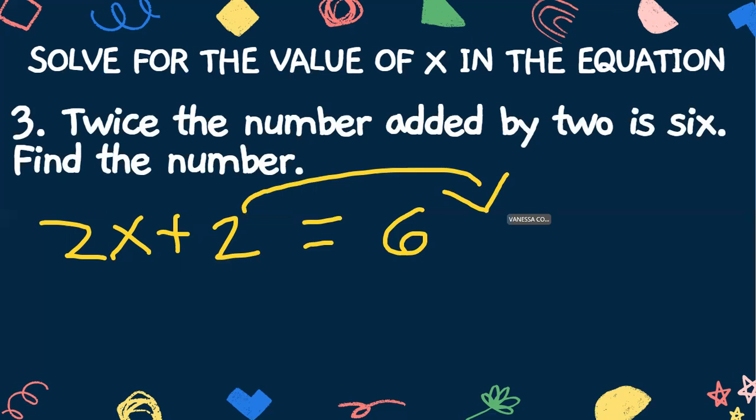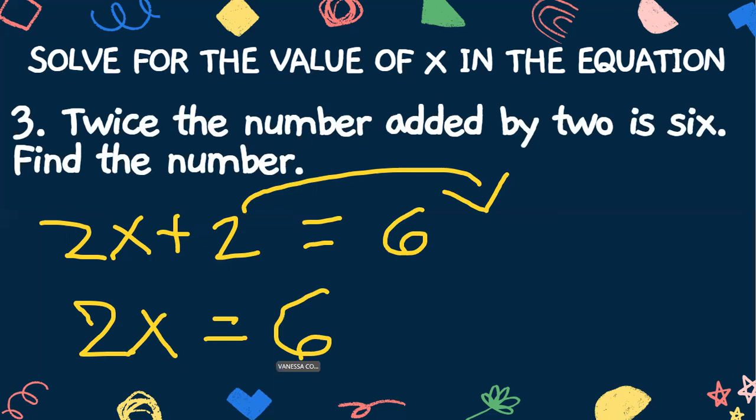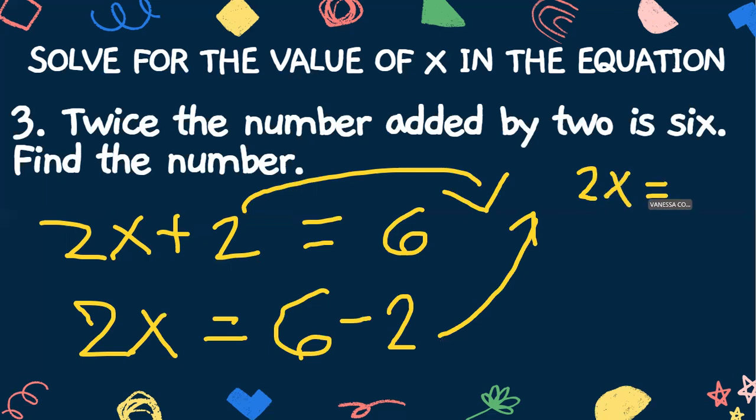So, magiging 2x is equal to 6. So, positive 2, nilipat natin sa kabila, magiging negative 2. Alright? So, next is, step natin, 2x is equals to 6 minus 2, that is 4. Right? 6 minus 2, that is 4. Then, yung ating fifth step, yung di-divide natin both sides sa kasama ni variable.